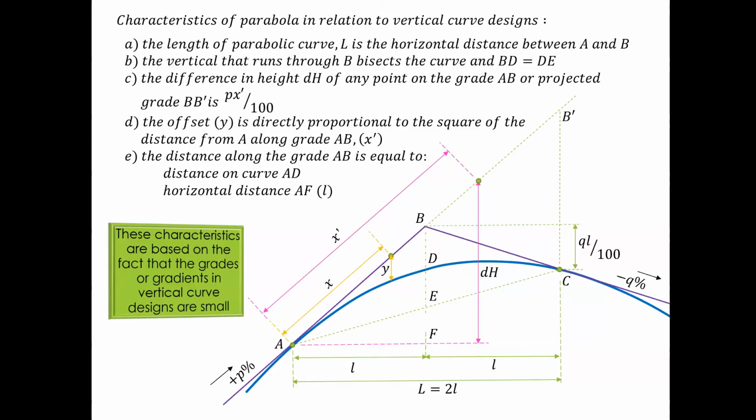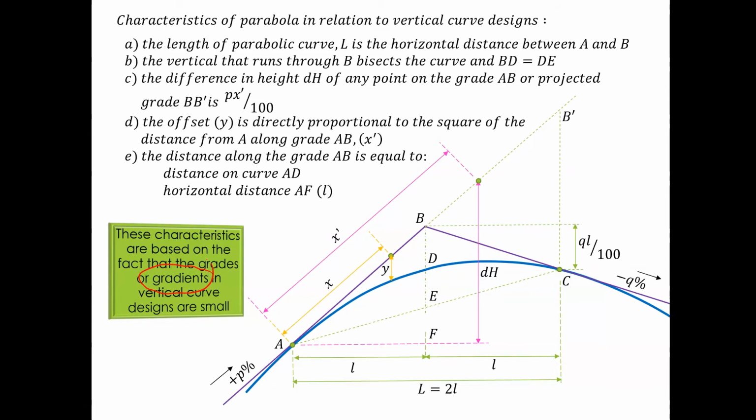In order to further use that parabola in relation to vertical curve design, there are a few assumptions and approximations that we make. The reason that we can make this assumption is simply because the gradients are small.